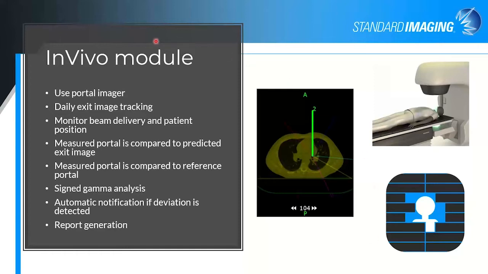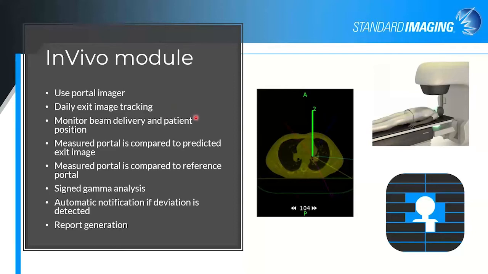So the in vivo module uses daily EPID images acquired during the regular treatment sessions. The patient and the couch, as shown in this graphic, are between the beam and the imaging panel for the in vivo module for the daily exit image tracking.